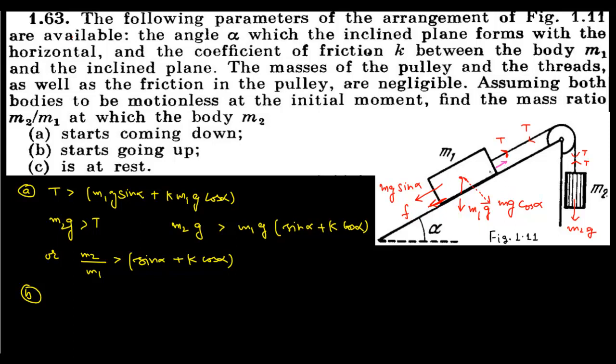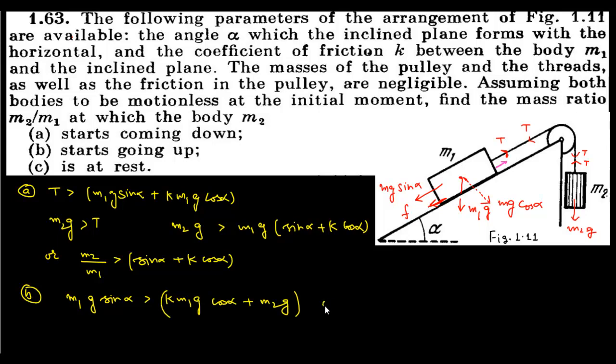So if M2 is going up and M1 is coming down the incline, this is possible if M1G sine of alpha is greater than K M1G cos of alpha, the friction force, plus M2G.